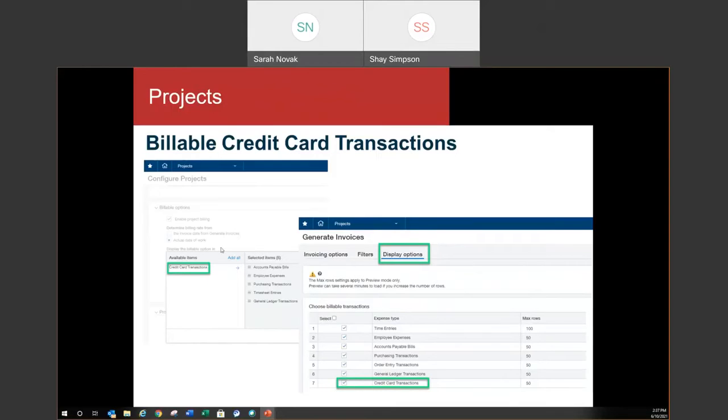Within configuring our projects, we will need to make sure that we include all of the transactions that we want those credit card transactions to flow over to. And then when we generate our invoices, on the display options, we do have to make sure that box is checked for credit card transactions so that we are able to bring them over when generating our invoices.